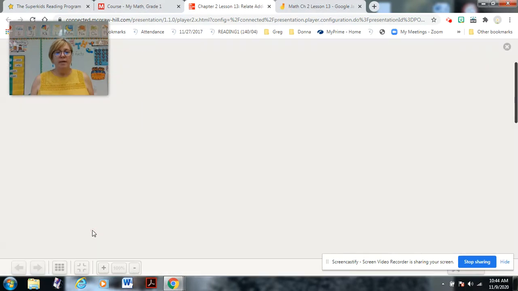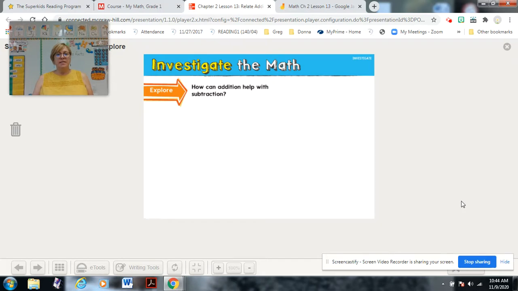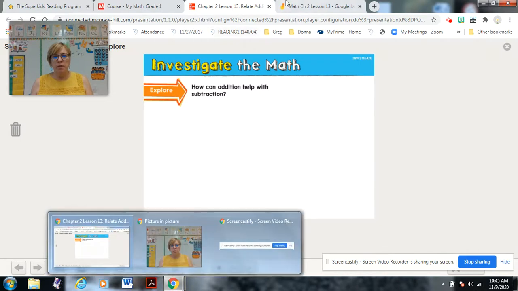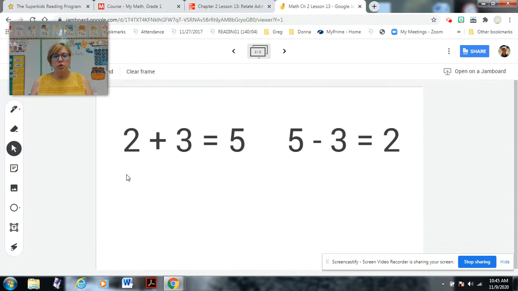Okay, so let's do a little investigation. How can addition help with subtraction? What do you think? Well, the one thing I noticed about those two math sentences I showed you earlier is that the first one said 2 plus 3 equals 5, and then this one was 5 minus 3.